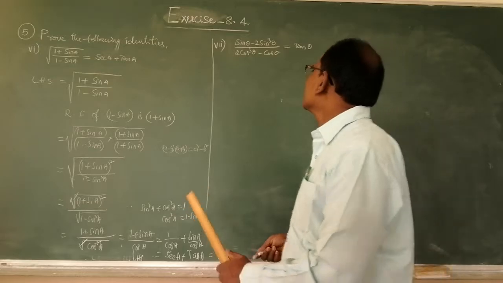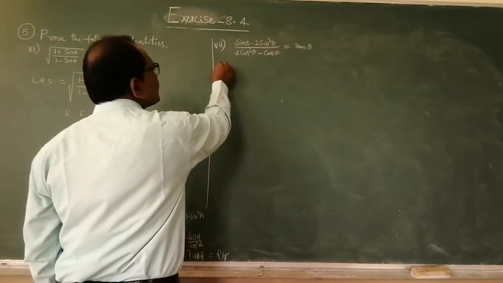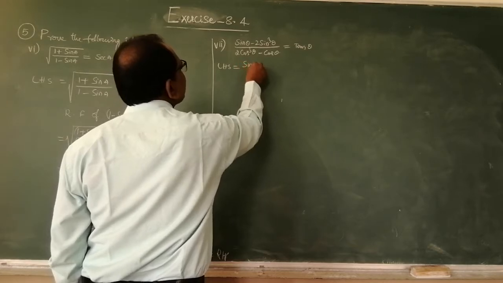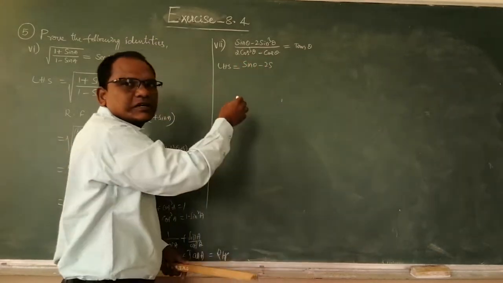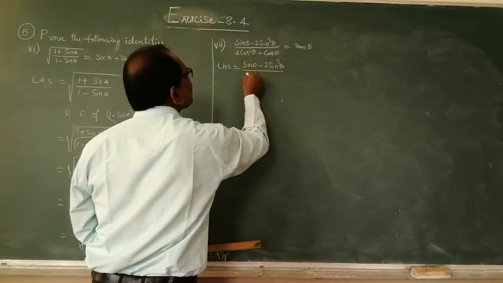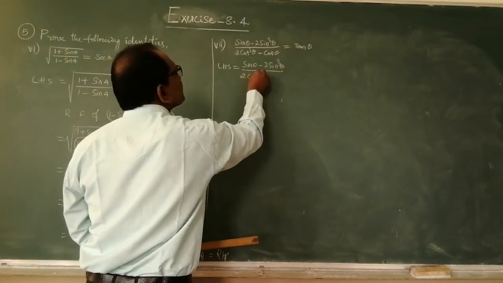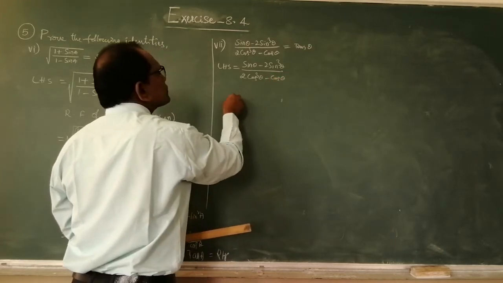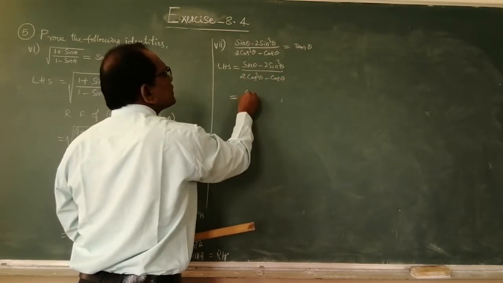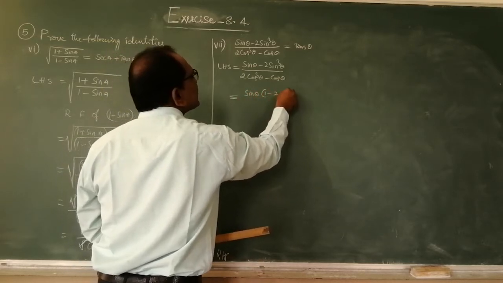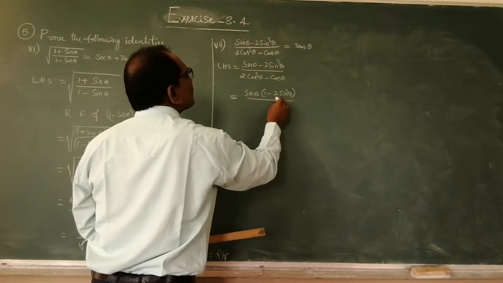We have to prove it. From the LHS, LHS equals sin theta minus 2 sin cube theta by 2 cos cube theta minus cos theta. Taking sin theta common from the numerator, we get 1 minus 2 sin square theta.